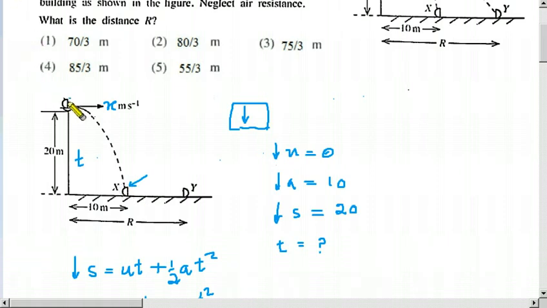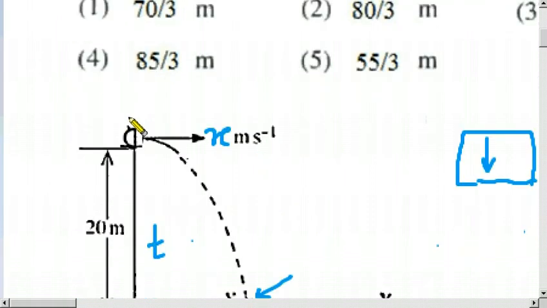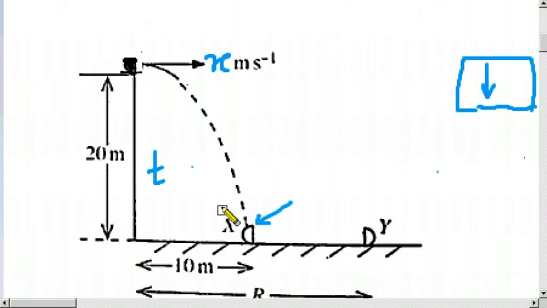Because only this part takes P6. P6 means that one also quarter, not half, quarter. Like this, this one is three-quarters.